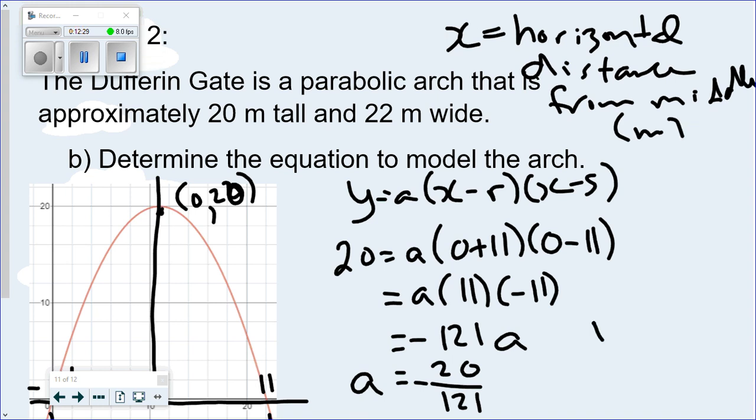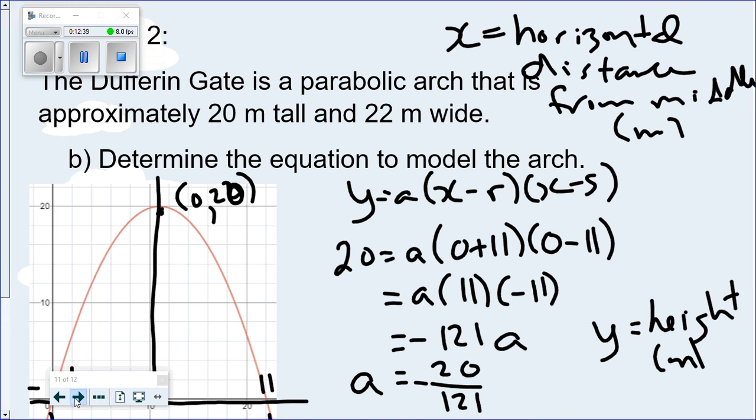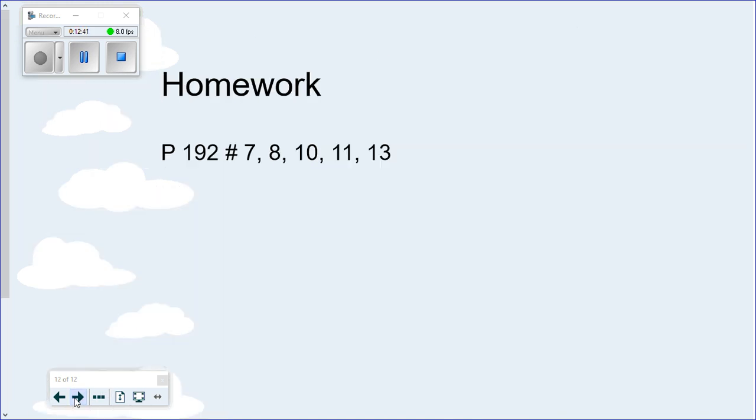And y is the height, also in meters. And there you have it, how you turn real life examples into parabolas.